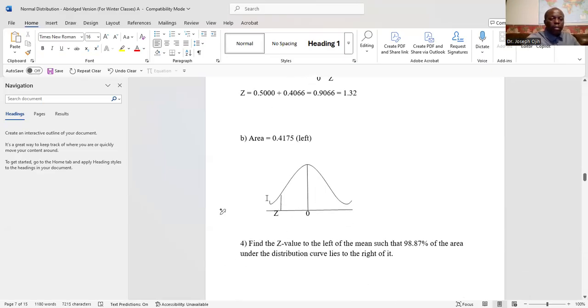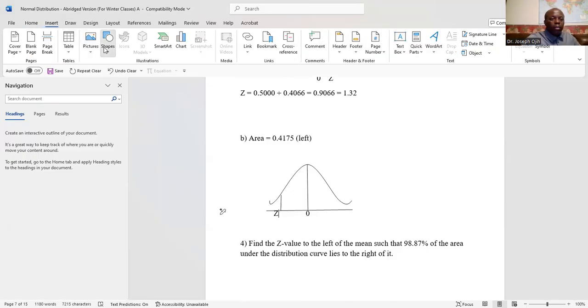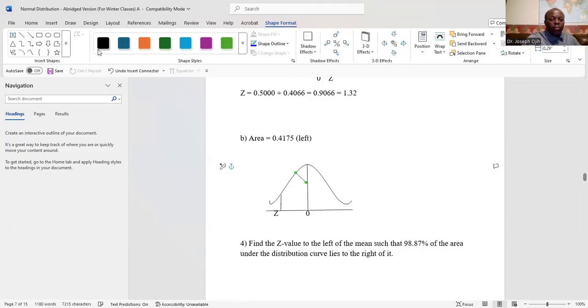Now we can shade this spot. So you can clearly see this is between 0 and the Z value, by the nature of the number given.